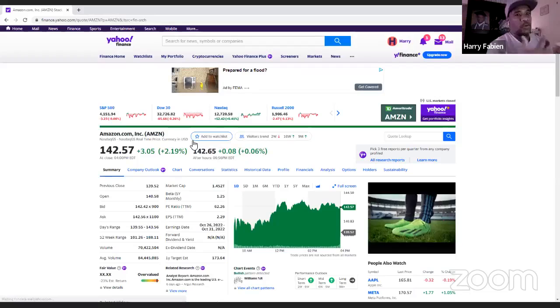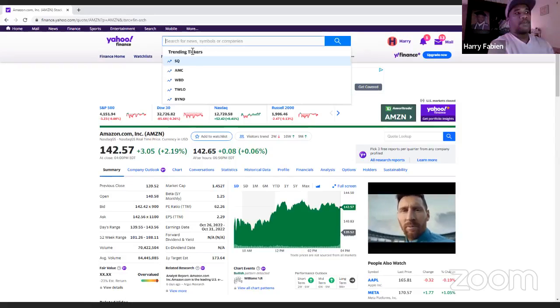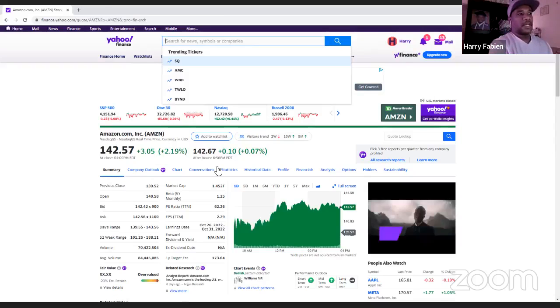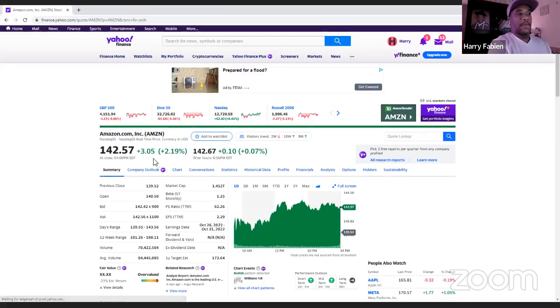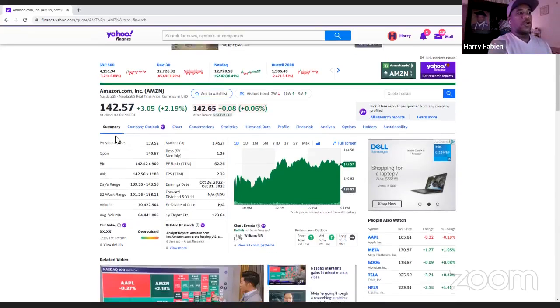For people that want to practice, you just go to Yahoo Finance, and at the search bar, you tap the name that you want. In my case, I searched for Amazon. Today, that's the way Amazon looked in the stock market. It was 142. So you look at the summary.